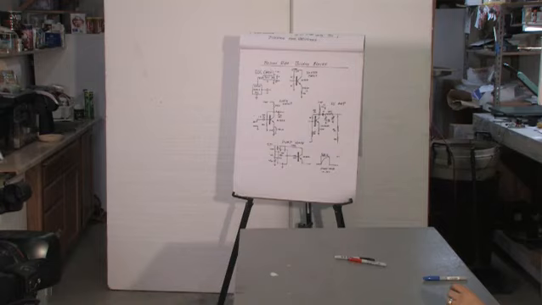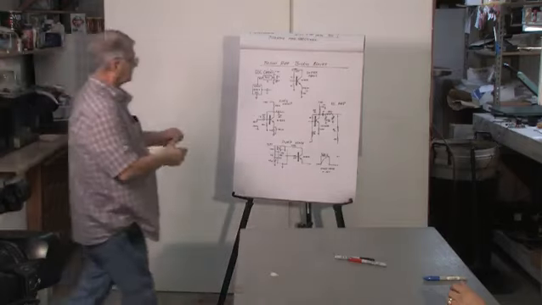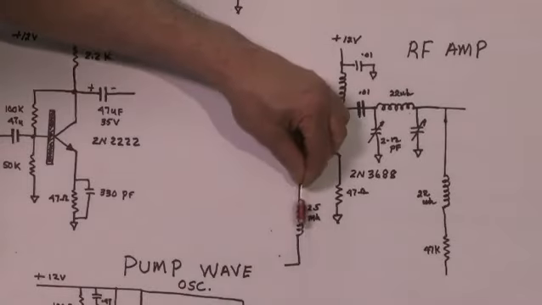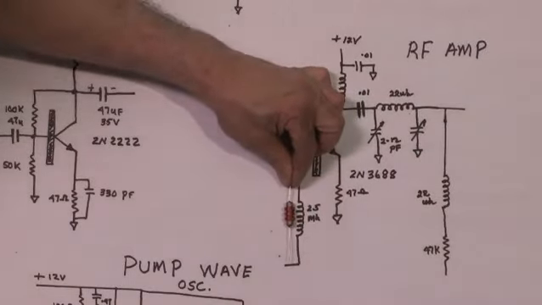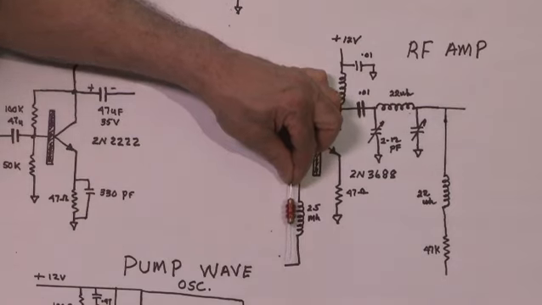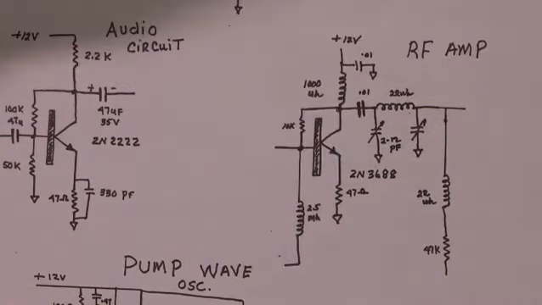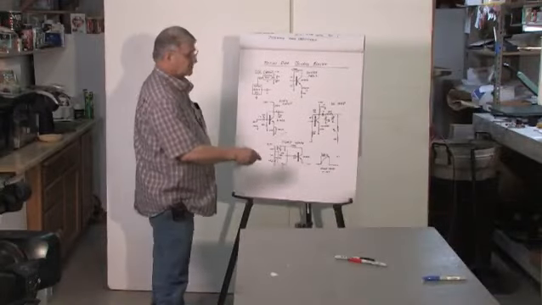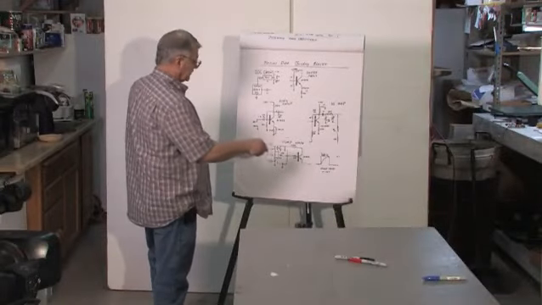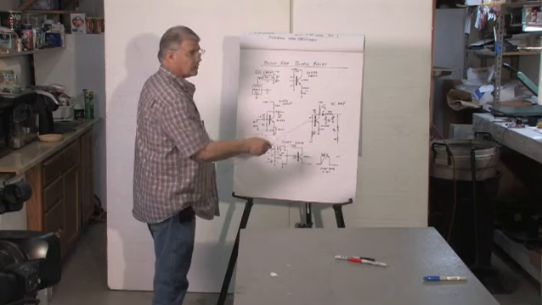And that 22 is sort of a big part, and that would go right there. So that's pretty big for the circuit, and that's what's blocking the RF, allowing the audio to get gated.